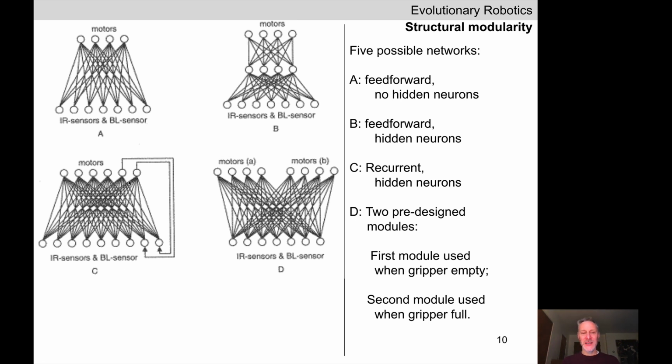Cognitive architecture C, we've got our 1, 2, 3, 4, 5, 6, 7 sensor neurons down here, our 4 motor neurons up here, and we've got 1, 2, 3, 4 hidden neurons like we had in B, but they've been redrawn here. We haven't seen sensor, hidden, and motor neurons drawn like this before. You'll notice that in this case, all of the 7 sensor neurons are connected directly to the motor neurons.